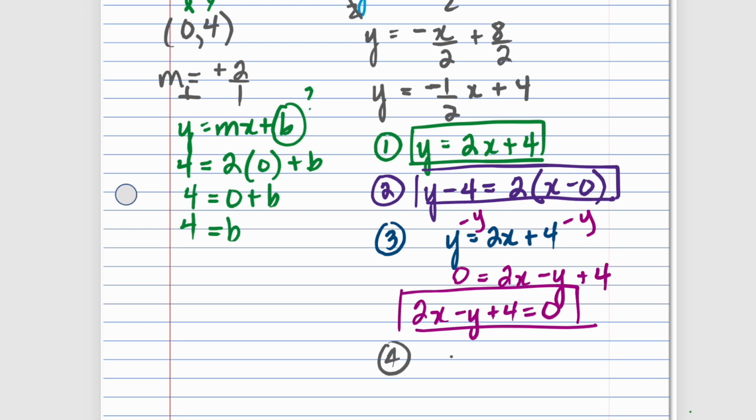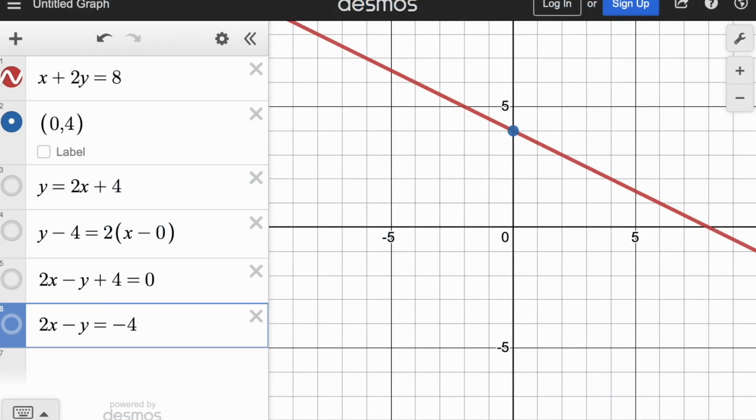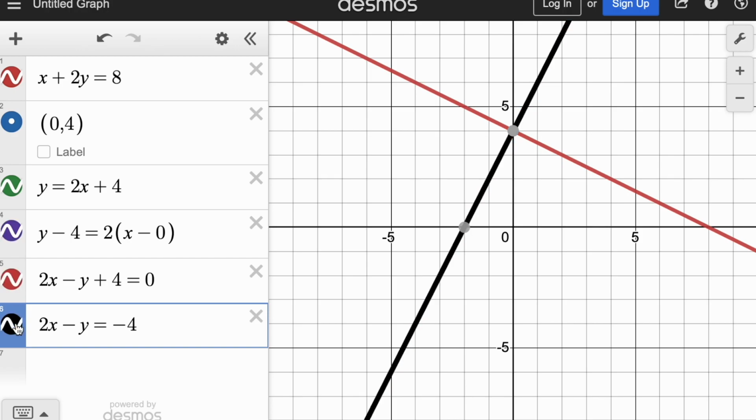And the standard form, we would subtract 4 both sides. And there it is. And in Desmos, we have the given information, the line and a y-intercept, and we're trying to find a perpendicular line, and there are the equations for that line.